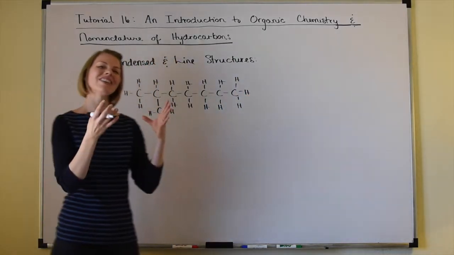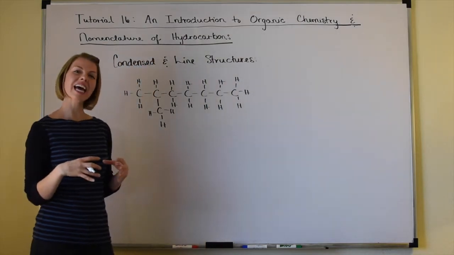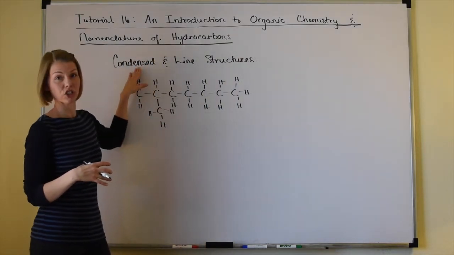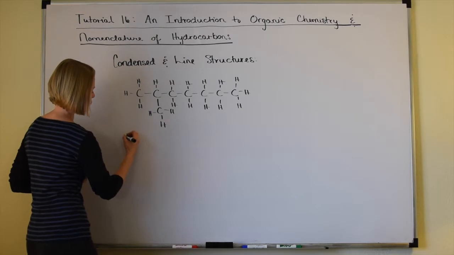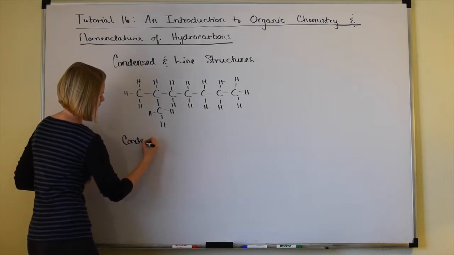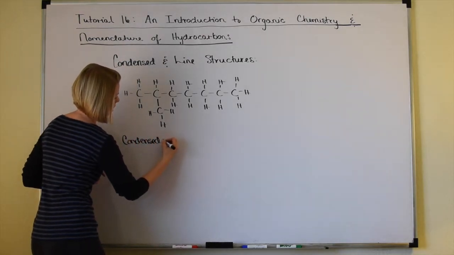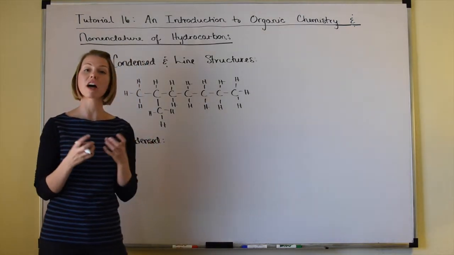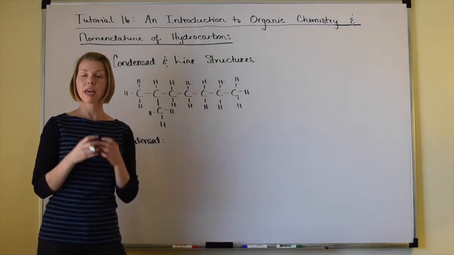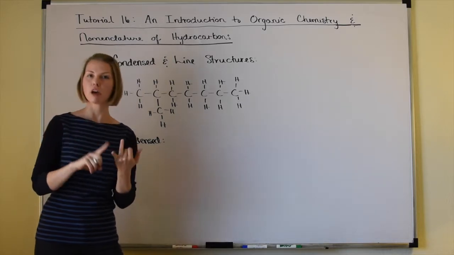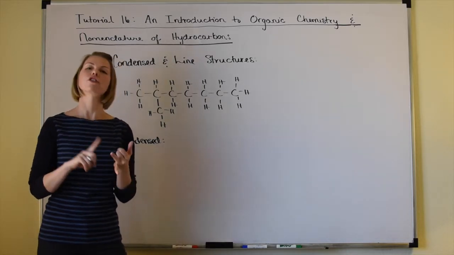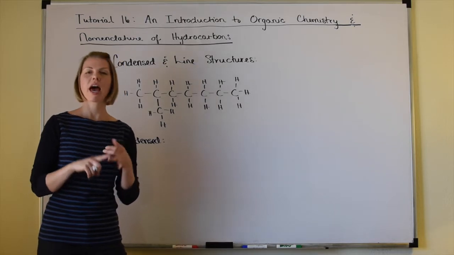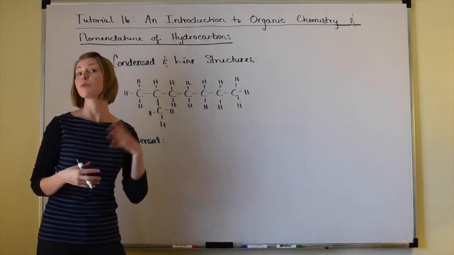All right, so let's go ahead and convert this instead into a condensed structure. A condensed structure is going to show your carbons and hydrogens, but none of the bonds between them, except for double bonds between carbons and triple bonds between carbons. And then it'll also show bonds to branched groups.